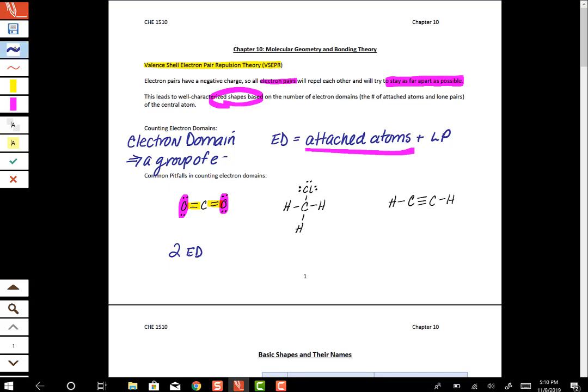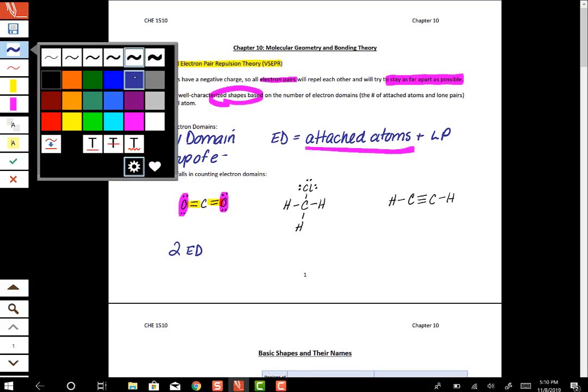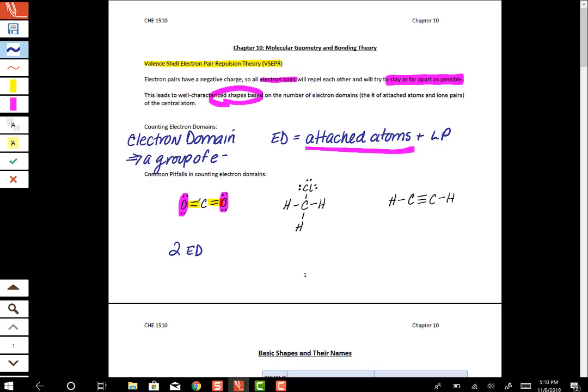The reason I like to define electron domains as attached atoms plus lone pairs is because it gets over the fact that a double bond is one electron domain, and this double bond is one electron domain. A lot of times students will incorrectly call this 4 electron domains, and that is wrong. It is just 2 electron domains because there are 2 groupings of electrons around the central atom.